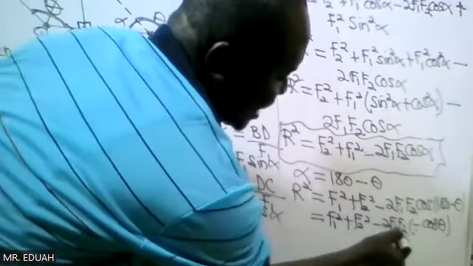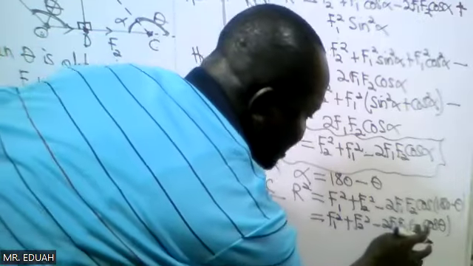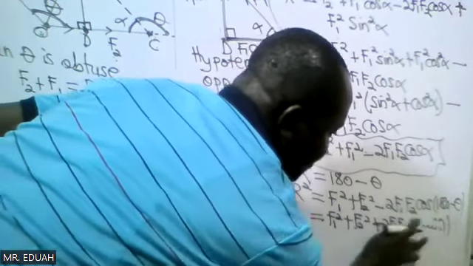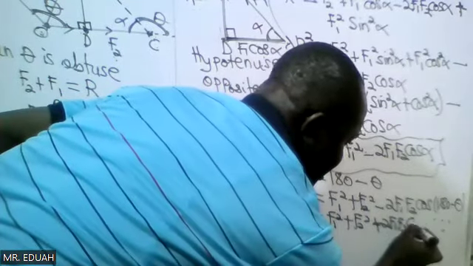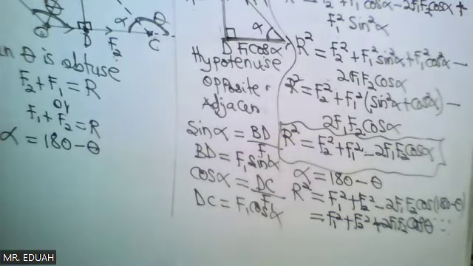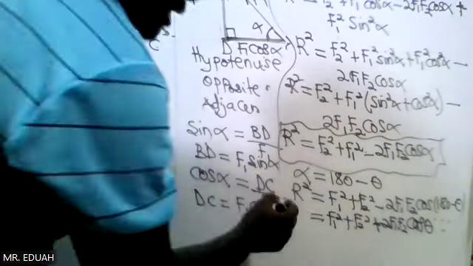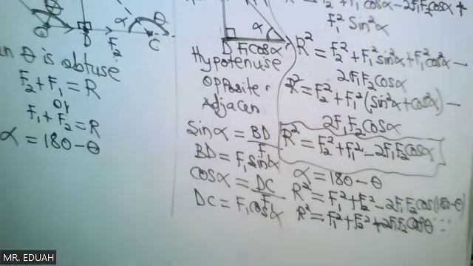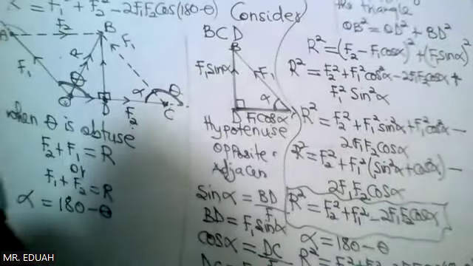That negative times negative would multiply, and this whole thing will change to positive cos theta. So we could still get the cosine rule from here if the angle between them is obtuse. Example, let's solve a question.